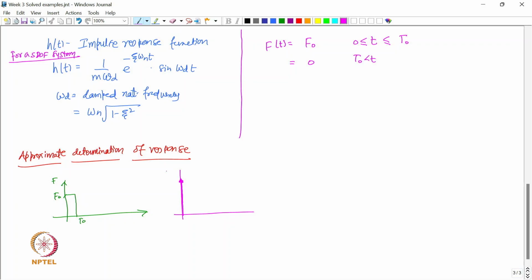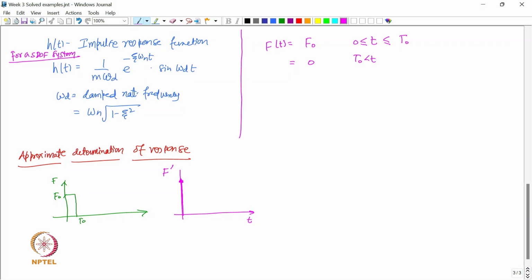Okay. Because it is an approximation, it does not represent the exact force acting on the system. So, let us use a different symbol to represent this force. Let me just put a prime over the f, f dash, as a function of time, correct.